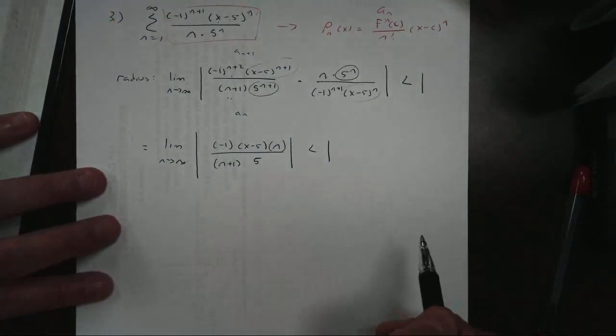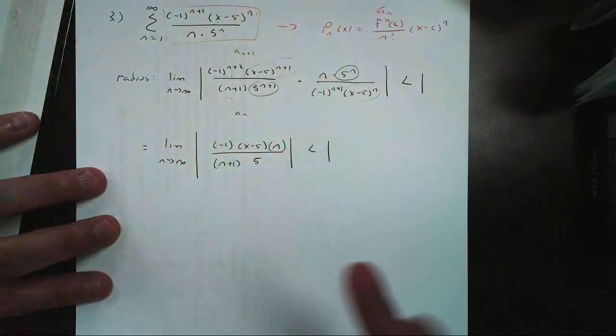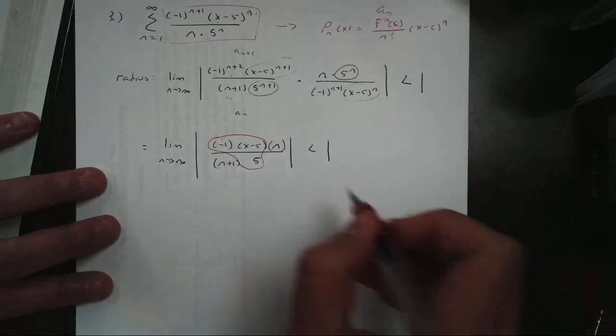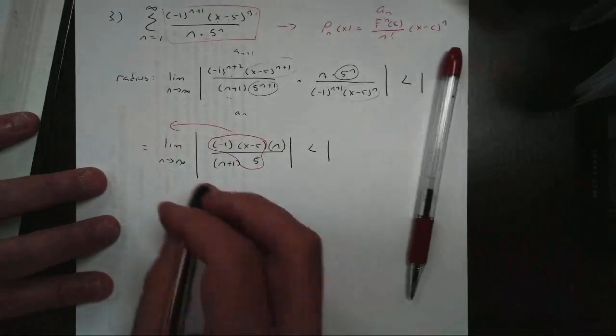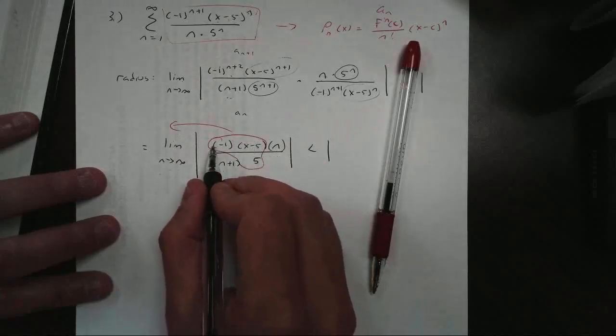Now, from part 1 and part 2, we talked about how we're looking at n goes to infinity. So anything that does not have an n in it, we can just pull out. If I take the absolute value, that negative 1 just goes away.